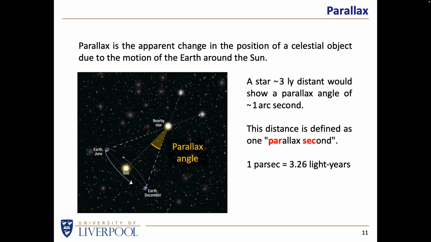And of course, the nearest star is 4 or so light years away. So all stars are more distant than 1 parsec, which means all stars have a parallax angle smaller than 1 arc second. And if the star is hundreds or thousands of light years away, it'll have a parallax angle that is a tiny, tiny, tiny fraction of an arc second.